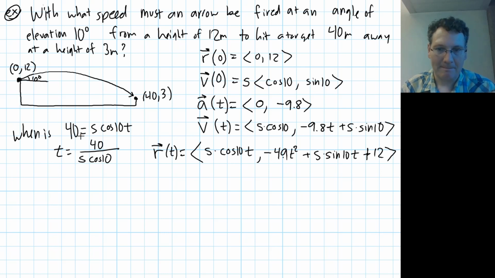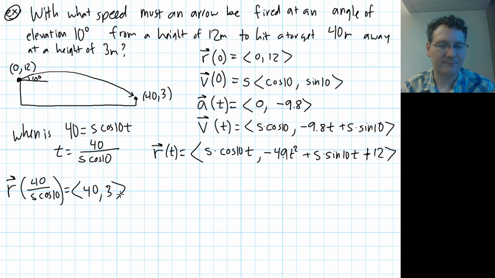And I want at that time, so like at r at time 40 over s cosine of 10, I need that to be 40 comma 3. So I know that the x coordinate's going to be fine, the x component, but for the y, I'm actually solving this equation.